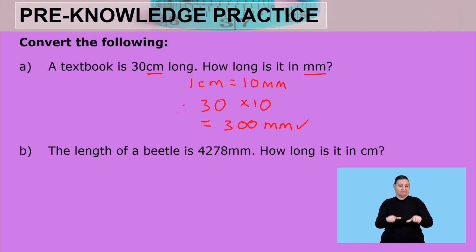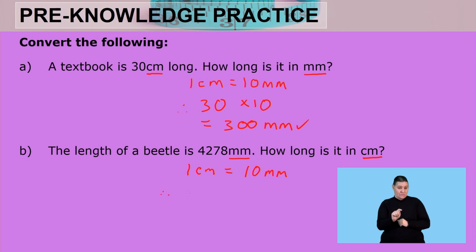Let's look at another one. The length of a beetle is 4,278 millimeters. How long is it in centimeters? All right. So using a similar one as the one above, if 1 centimeter is 10 millimeters, there's my general conversion.